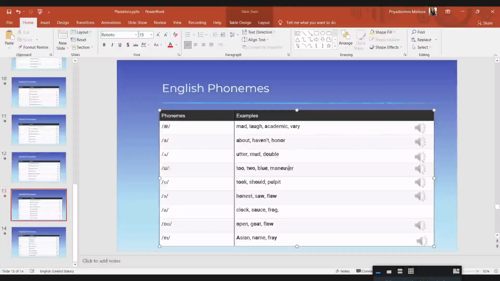This one is two, blue, maneuver. This is not even a longer oo, actually. Let me be more specific. It is more of an oo, but with a bit of a lilt at the end. I hope I'm making sense.